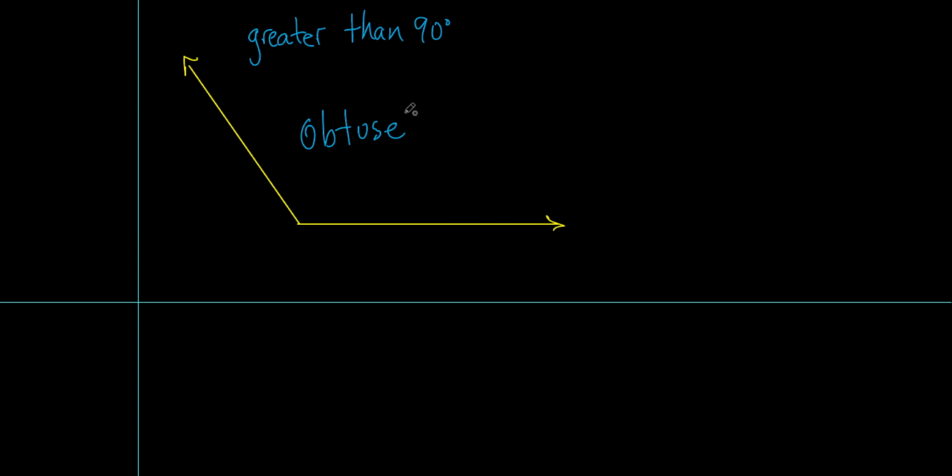Obtuse kind of means you just don't know what's going on. If you say that to somebody, they might think it's a compliment. But normally that is not a compliment. Not trying to tell you how to belittle people, but that's what obtuse is. In our case, an obtuse angle is an angle that's bigger than 90 degrees.